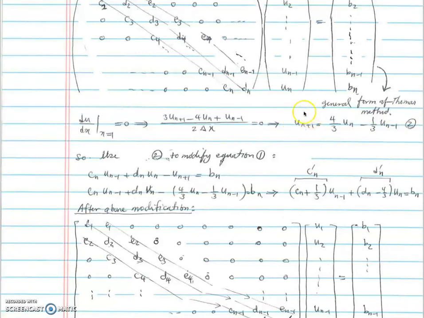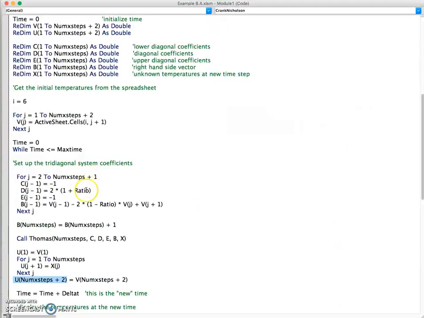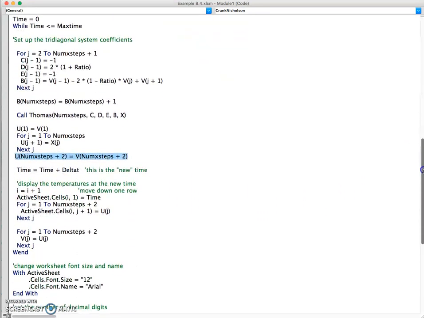So then this becomes un plus 2 is equal to 4/3 un plus 1 minus 1/3 un. And that's what you have to implement instead of this line. So you need to get rid of this and implement that boundary condition. That is going to give you un plus 2. This is all you need to run the script.